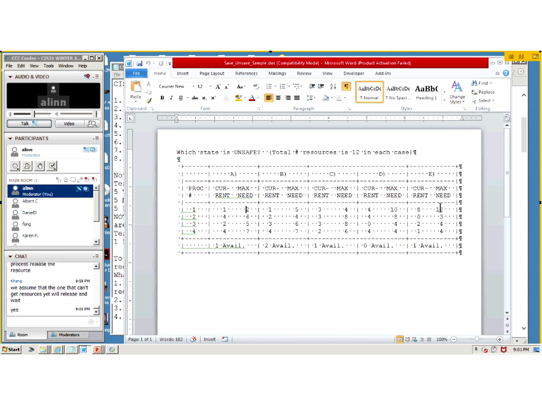So I picked an example of that. The only thing that could make this work is that process 1 is releasing resources. If none of them were releasing resources, or if this one wasn't releasing, then we can't determine if it's deadlocked. The mechanism that we're using cannot determine deadlock.